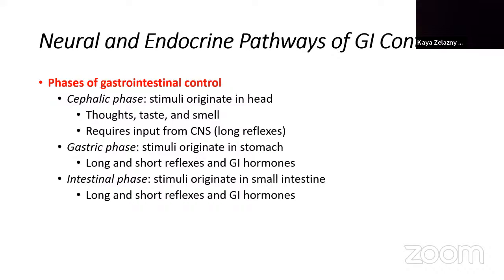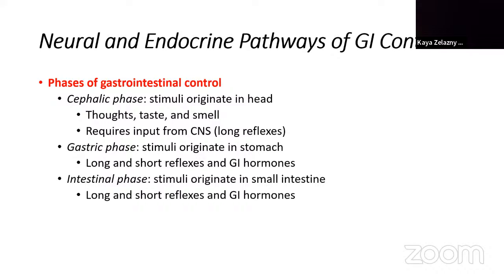We can think of this control in 3 phases. When we say phases, we're really just talking about where the signal is coming from for this aspect of control. So cephalic phase, cephalic means your head. This means that these components of control of the gastrointestinal system are coming from something in your head.